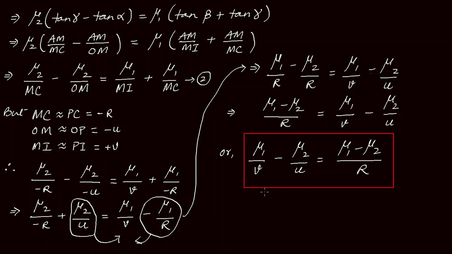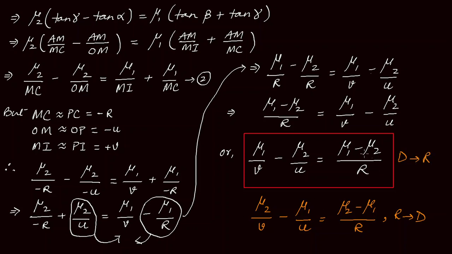It is mu2 by V minus mu1 by U is equal to mu2 minus mu1 by R. So this is when light is going from rarer to denser. But when light is going from denser to rarer, this is the expression.